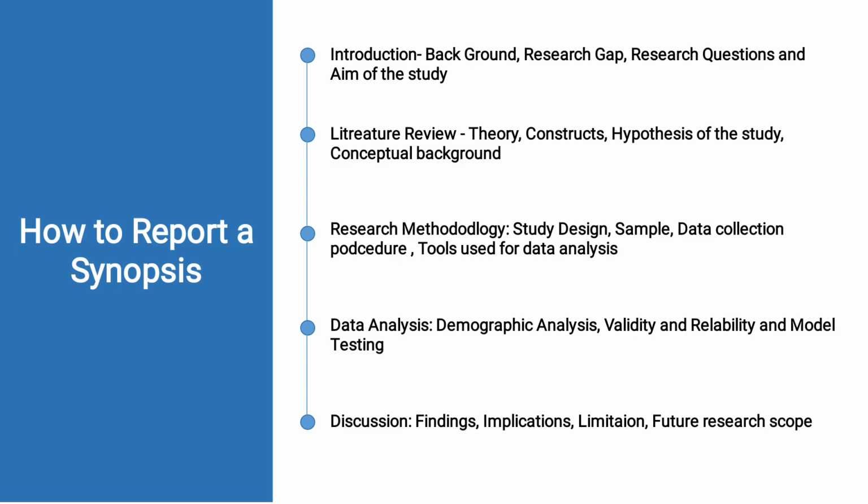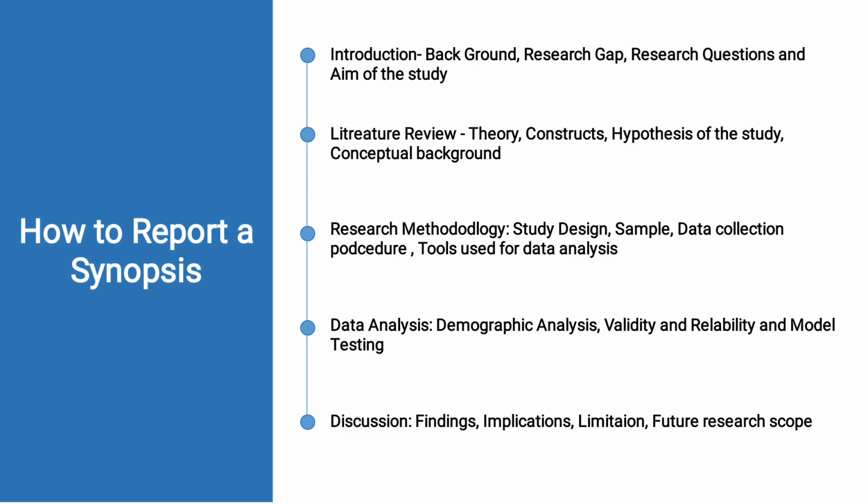Then next is validity and reliability. You must report the validity and reliability irrespective of research, qualitative or quantitative. If you are doing quantitative research, then you can report validity, like average variance extracted, that is convergent validity, discriminant validity.